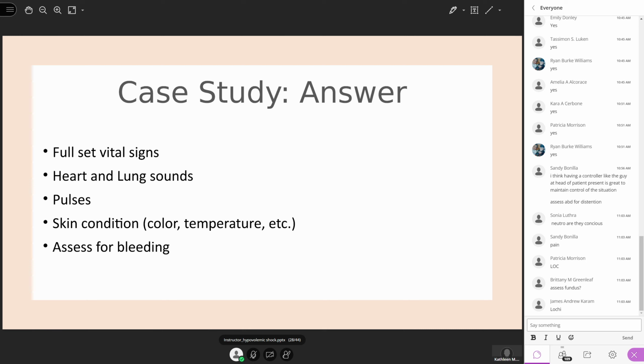But the first assessment going in, you're going to take the full set of vitals. You're going to listen to the lungs, her pulses, skin color, and absolutely, you're going to assess for bleeding. You're going to assess, you said the fundus. You're going to see if there are any signs and symptoms of bleeding, knowing that she was postpartum. So good.